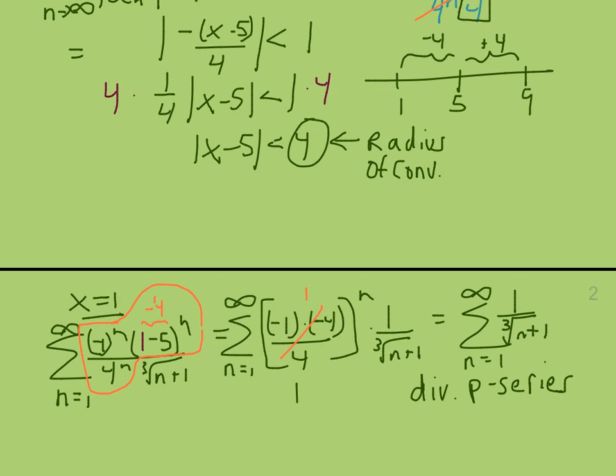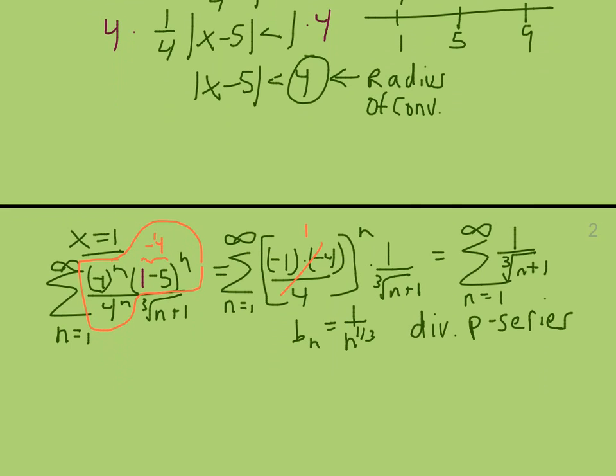Our b sub n is 1 over n to the 1/3, and by the limit comparison test, if we take a sub n and divide it by b sub n, we get 1. So they behave alike. So a sub n also diverges.